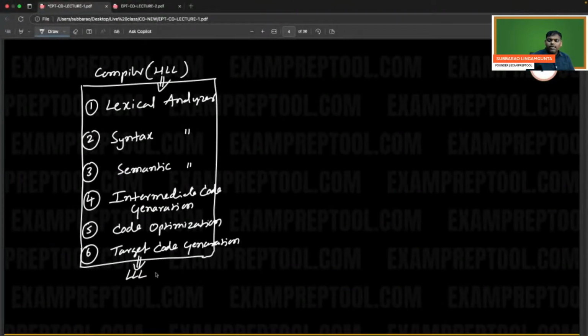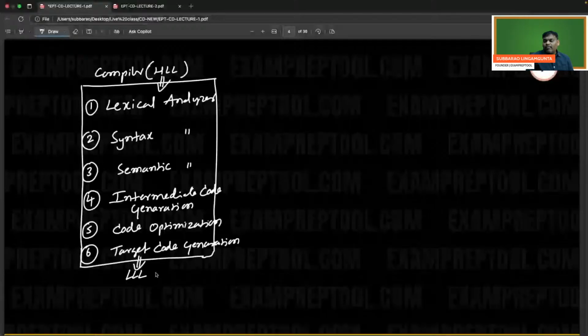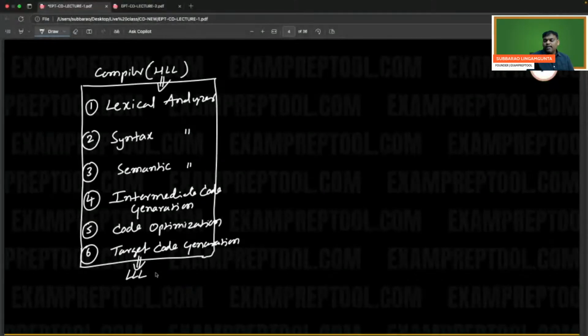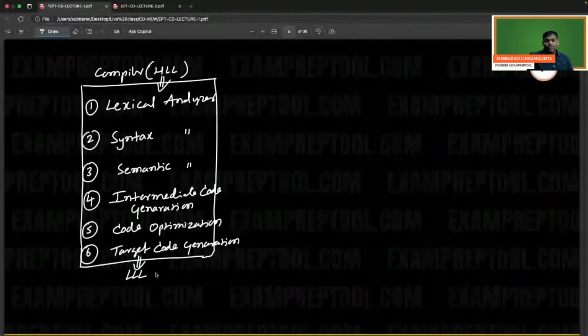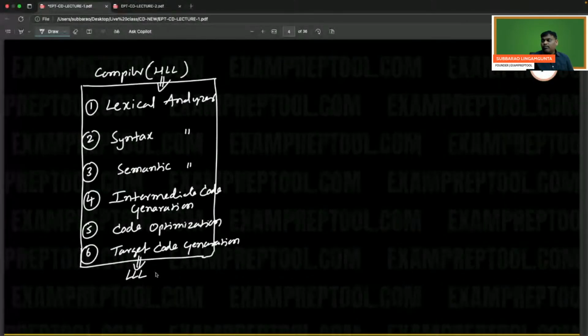A compiler is software, nothing but a program, which takes high-level language as input and produces low-level language as output. But it is a very big program, and that much code cannot be written without giving any names, so it is divided into some functions.